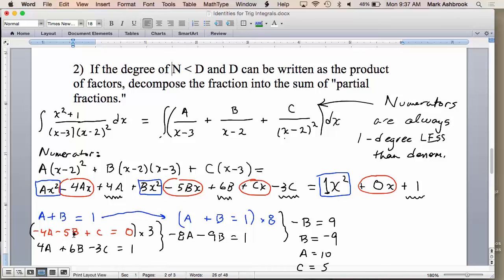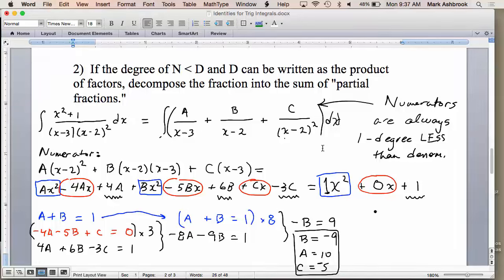Is it negative 5 or 5? It should be negative 5? Did I write it down wrong in my notes? Okay, let's see. So a is 10, negative 40, negative 5. So we got the a, b, and c that make our original integral equal to this integral.